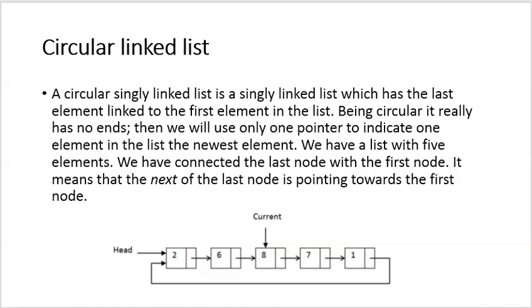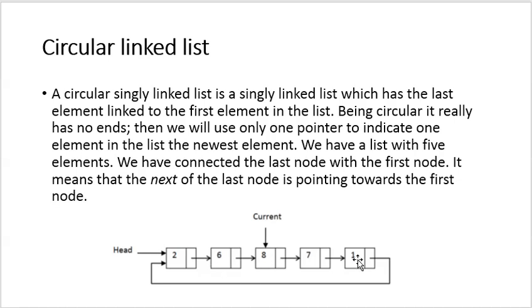Coming towards the circular linked list, the circular singly linked list is a little different from the singly linked list. It is the same as the singly linked list in that it has nodes, and each node consists of data and a pointer pointing to the next node.